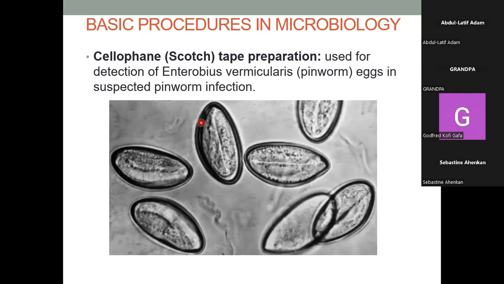So that is where the cellophane tape method comes in. If there's a strong suspicion of enterobiasis, which is pinworm infestation, and the doctor is suspecting it, and it brings you, and even the doctor writes QRE, meanwhile the diagnosis is a pinworm infestation, you will see that the doctor doesn't know.